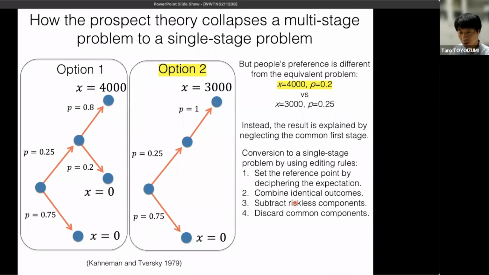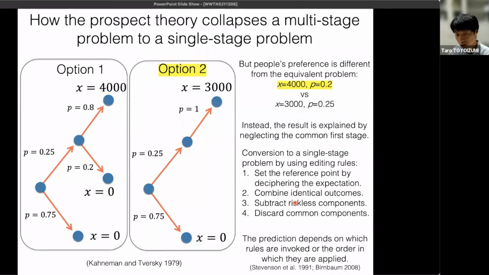But there is already some criticism that the prediction depends on which rules are invoked or the order in which they are applied. And there is some ambiguity, non-uniqueness in the prediction.